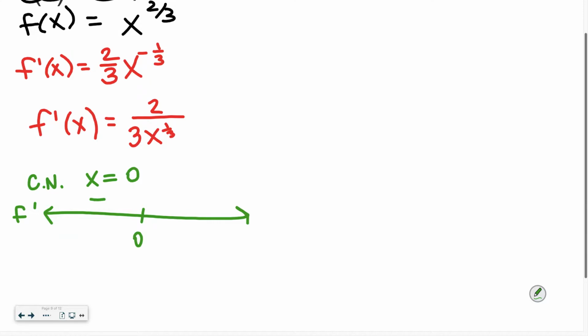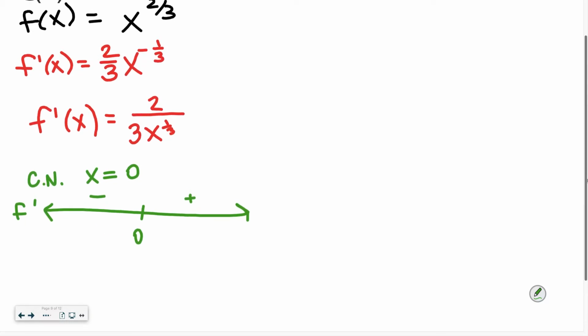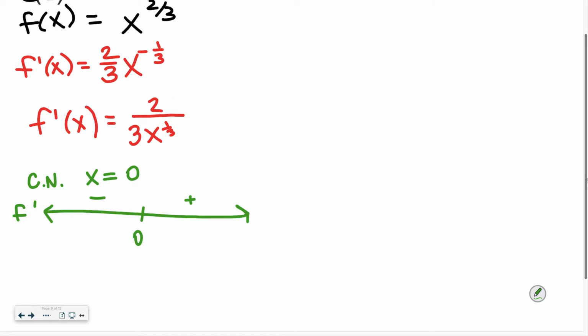And if I plug in anything to the right of 0, we would have positive numbers. Okay, so from this we know that we are increasing from 0 to infinity. We are decreasing from negative infinity to 0.